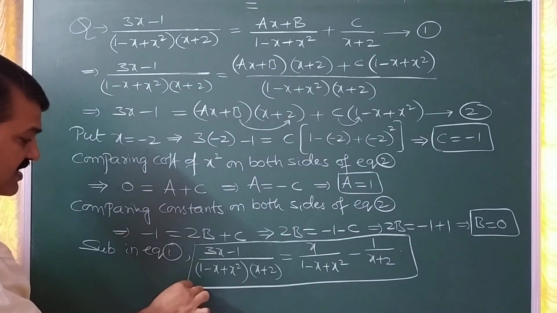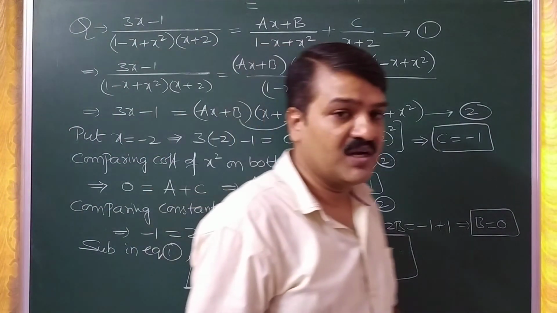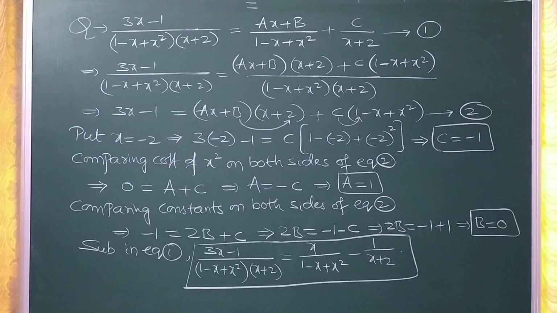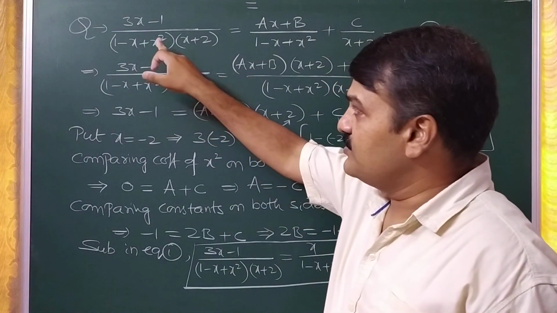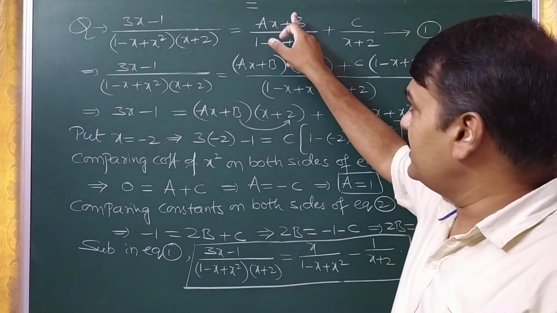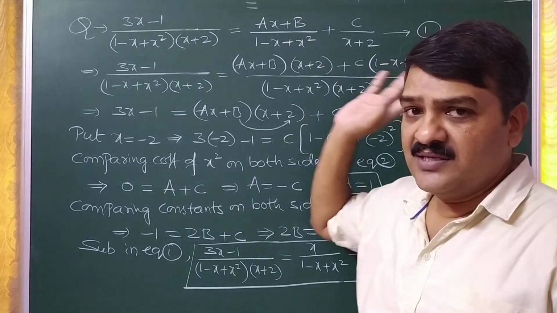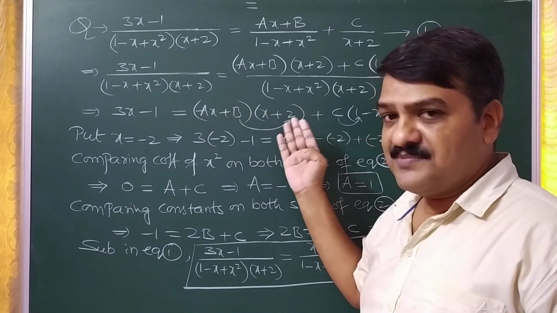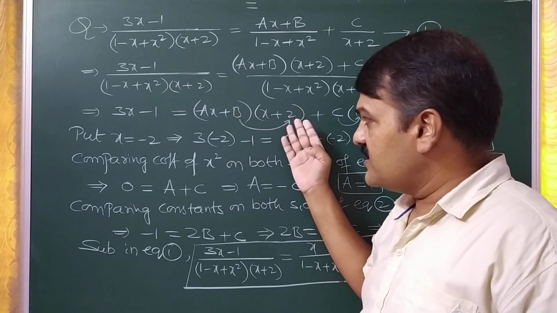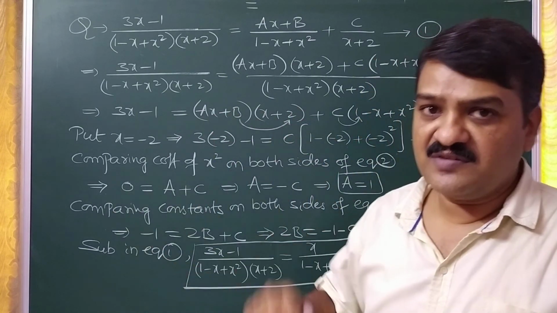So this is the example of the type 3 model, that is, when the denominator has a quadratic irreducible factor. Whenever you have a quadratic irreducible factor, you will write the partial fraction like this. Simplification is a normal process only. First you try to get substitution. If substitution is not possible, go for comparison of terms.